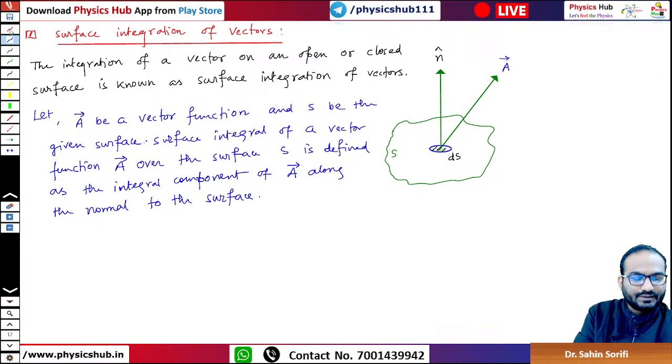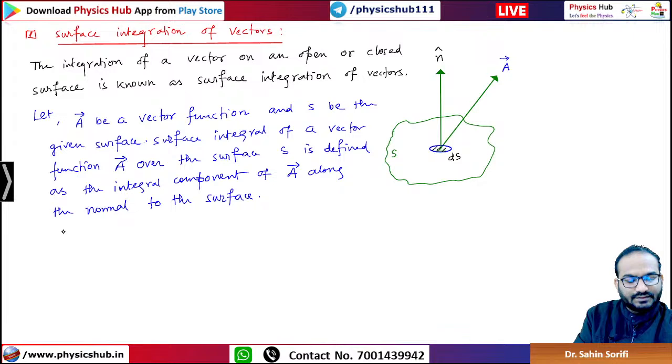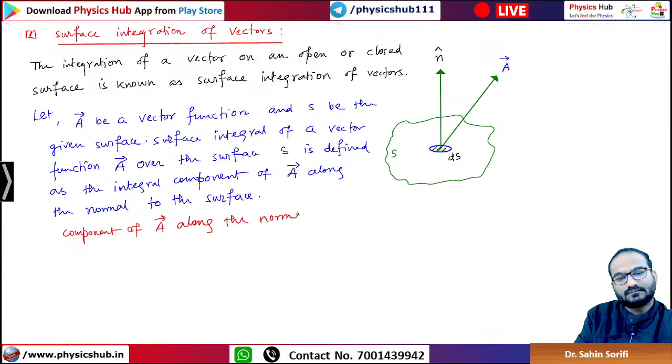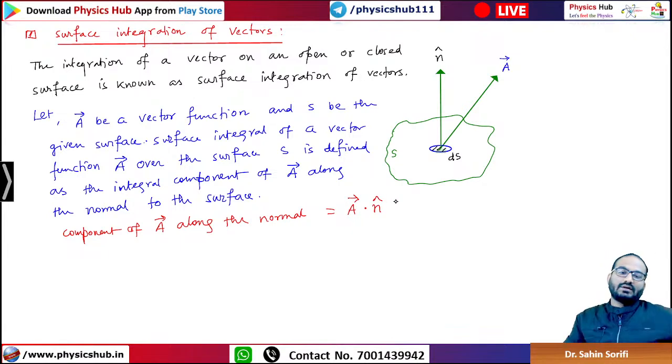Okay, mathematically if I consider the component of A along the normal, so obviously as I told you already, it is a dot product of that vector and the unit vector along that normal direction.